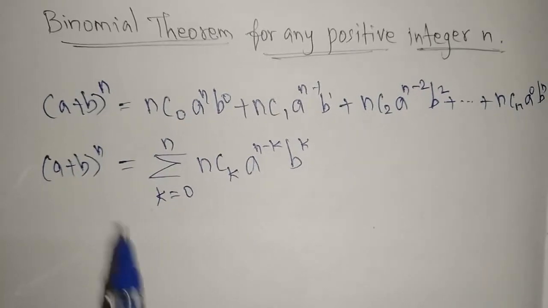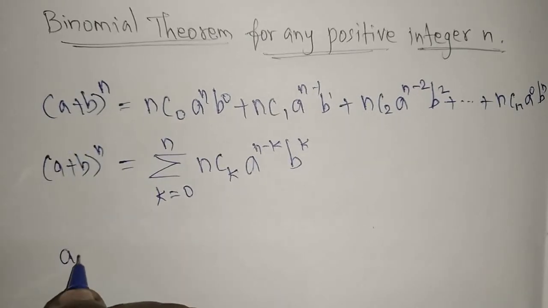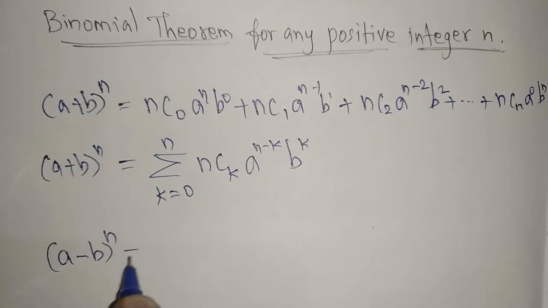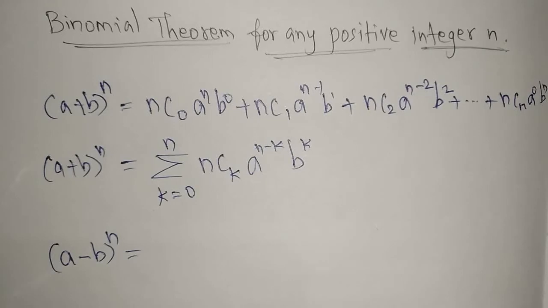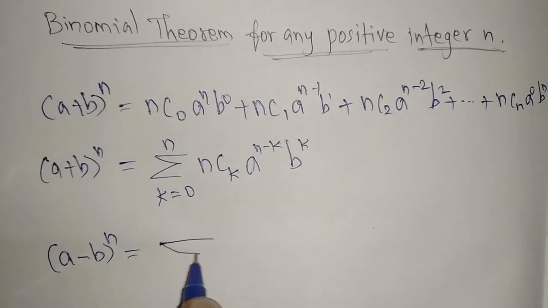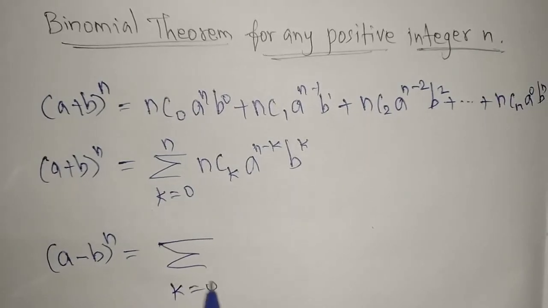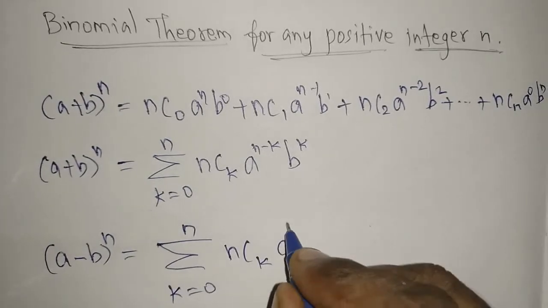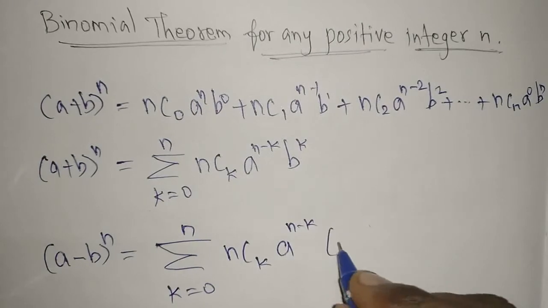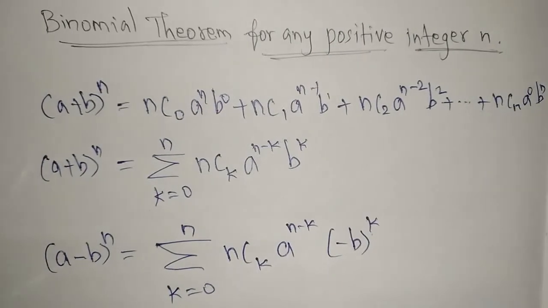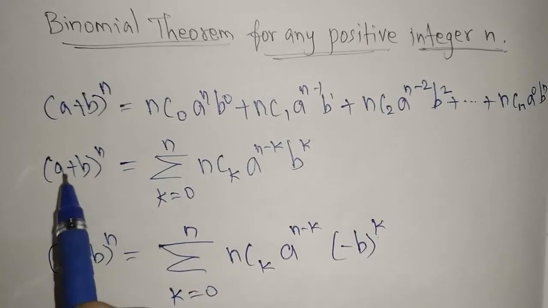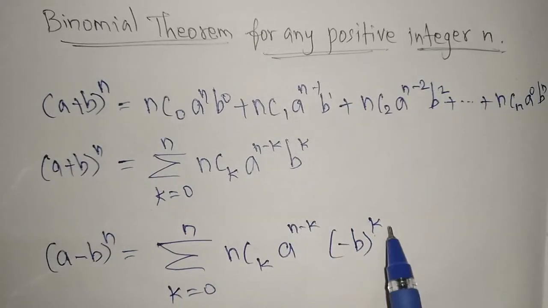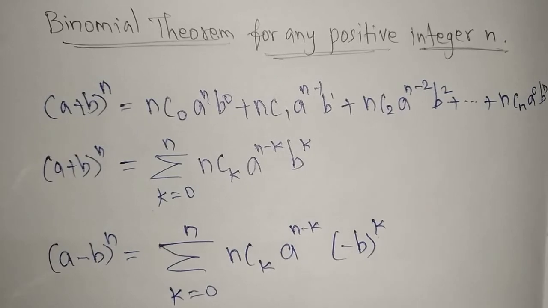Suppose instead of a plus b, we have a negative, (a - b) whole power n, how will you write this formula? Here, see, I will show you: sigma k equal to 0 to n, nCk a^(n-k) into (-b) whole power k. Here b is positive, so that is b^k; here it is negative, so I'm giving (-b) whole power k, understand?